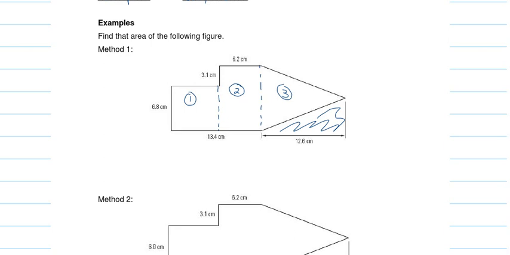Now, in order to find the area of a rectangle, what do I need? Length and width. Perfect. Now, for number 1, do I have both my length and my width? So what's my length and what's my width?